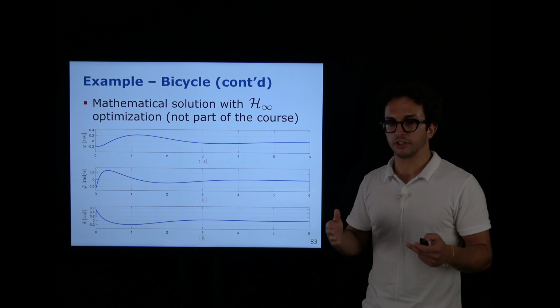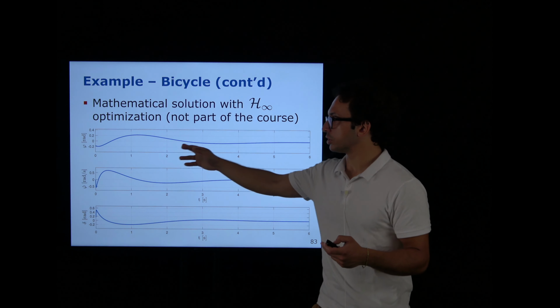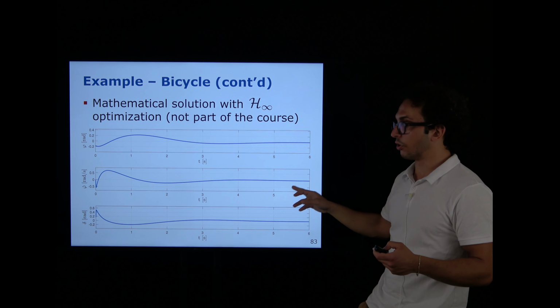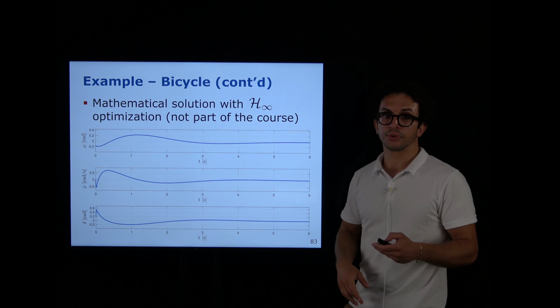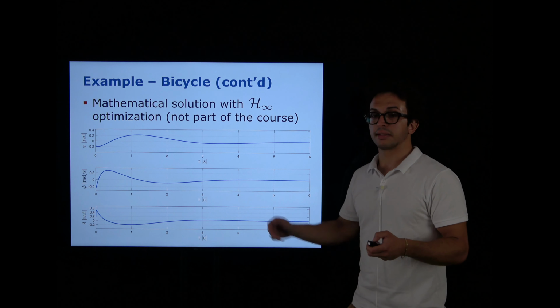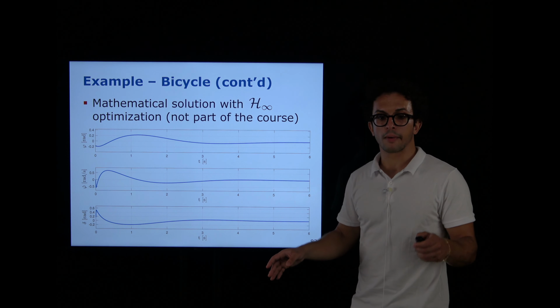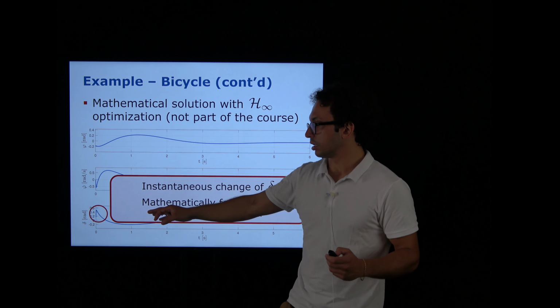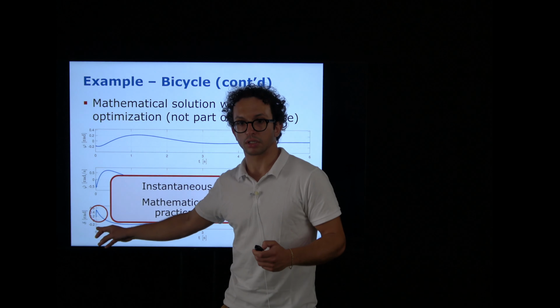With the H-infinity optimization, we end up with phi going to 0, phi dot going to 0, and delta going to 0. It doesn't solve the problem. Mathematically, it's fine. Practically, if you're a rider, this requires an instantaneous change of delta.